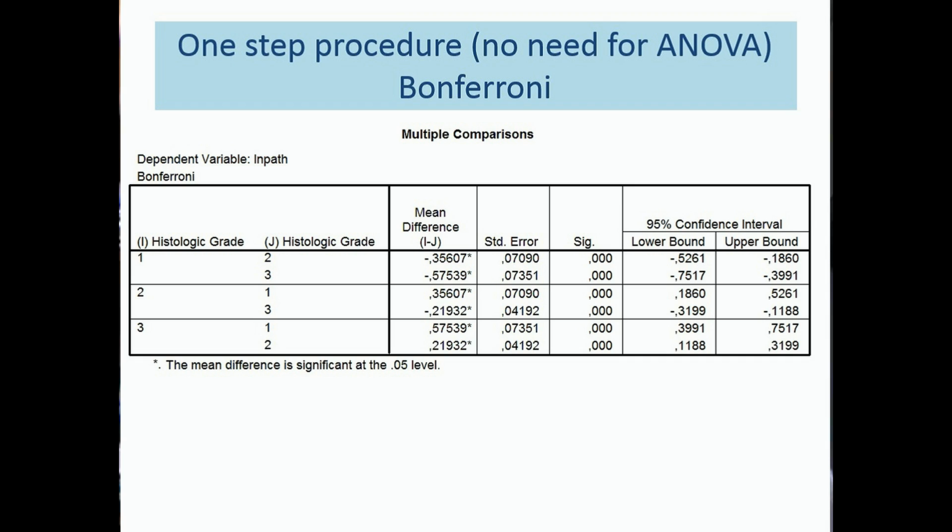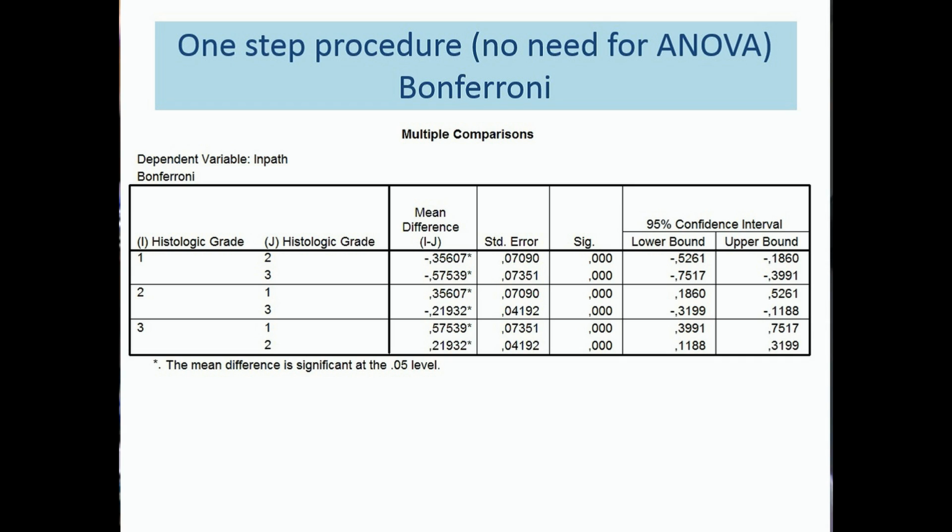Here we see a similar table according to the Bonferroni procedure. This is a one-step procedure. There is no need doing the Anova first, and we can compare the groups directly. Like the LSD procedure, all pairwise comparisons are performed with a common standard deviation based on all groups.